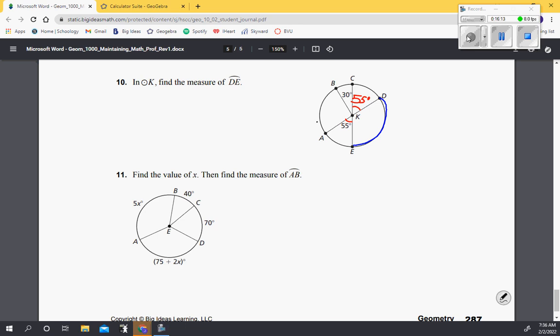I know that CE is a diameter, so the arc of CE is 180 degrees. So all I have to do is take 180 and subtract 55 to get arc DE, which is 125.